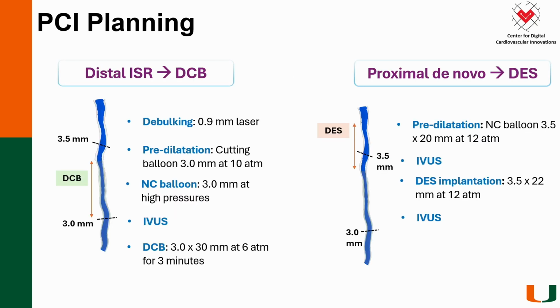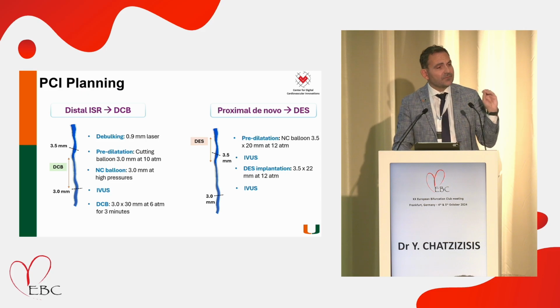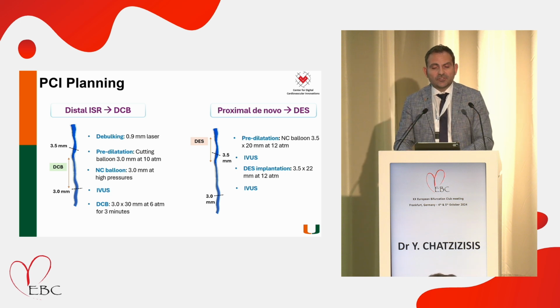So with that, we now have an informed plan for the distal restenosis with a DCB approach, with debulking with a laser, pre-dilatation at high atmospheres with a cutting NC balloon, and then confirmation with imaging. The sizing of the balloons is guided by the simulation, and a 3.0 DCB balloon at 6 atmospheres for 3 minutes to let the drug go there should be okay.